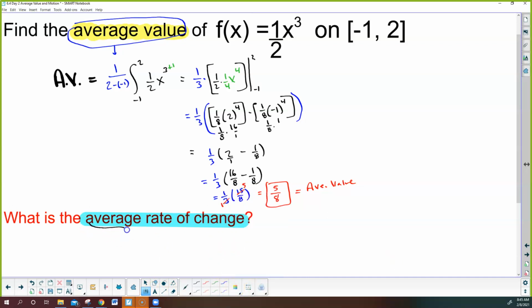Right? What is another word for average rate of change? That's your change in your y's over your change in your x's. This is the slope between f of -1 and f of 2. It's the slope between those points. Okay.